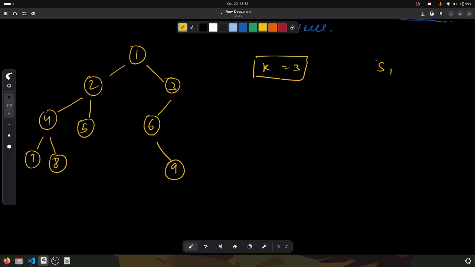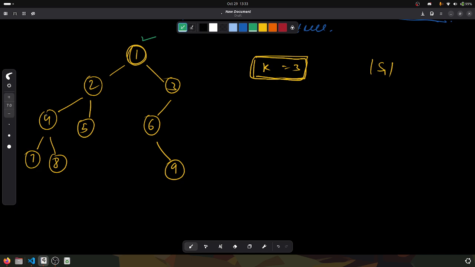So when the root is 1, we need to find the number of nodes which are the LCA of 3 nodes. Can 1 be the LCA of 3 nodes? Yes, obviously we can select these 3 nodes and they will have the lowest common ancestor 1.